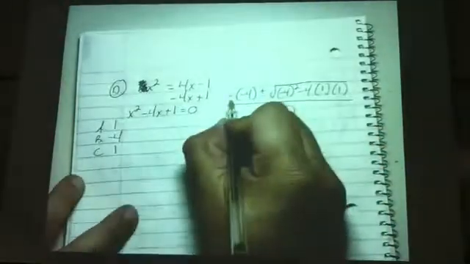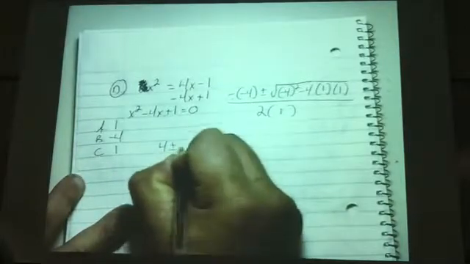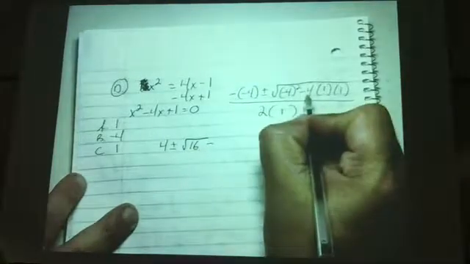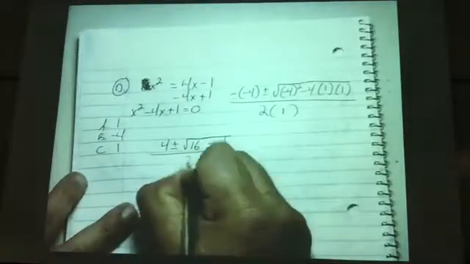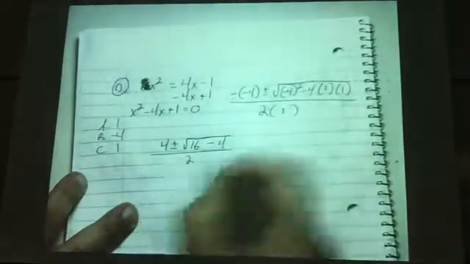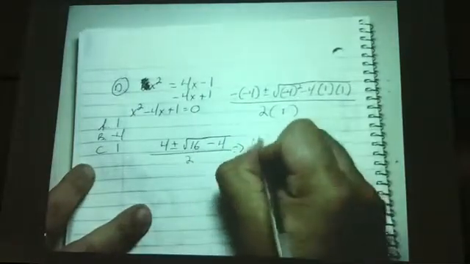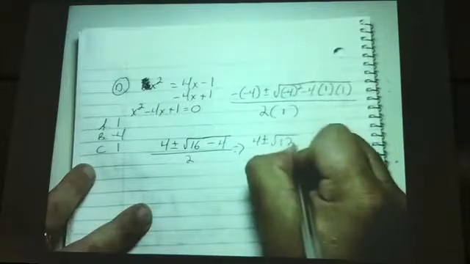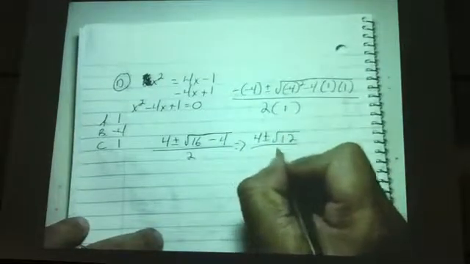Solve. Negative times negative 4 is 4. Plus or minus the square root. 16 minus 4 times 1 times 1 is 4. All over 2, because 2 times 1 is 2. We move forward. 4 plus or minus the square root of 16 minus 4, which is 12, over 2.